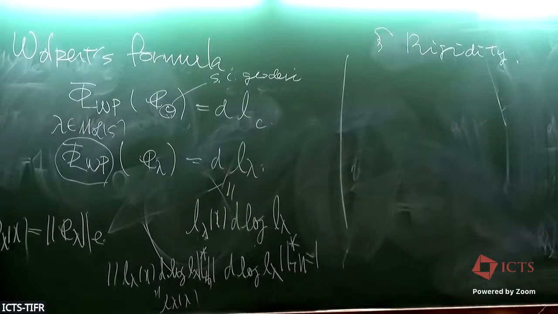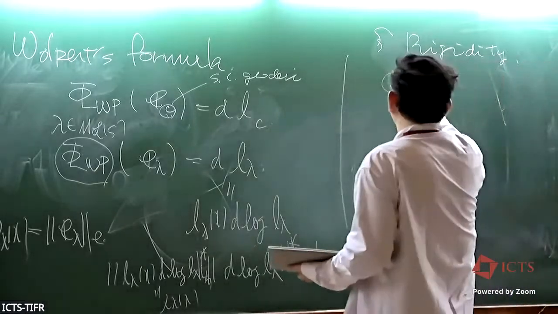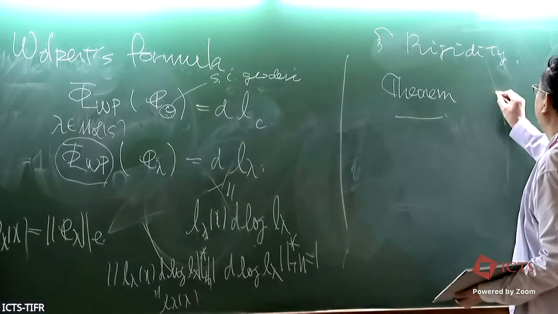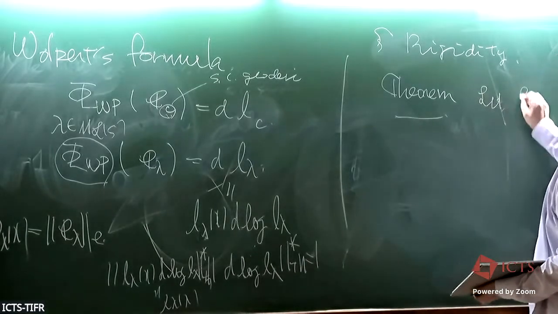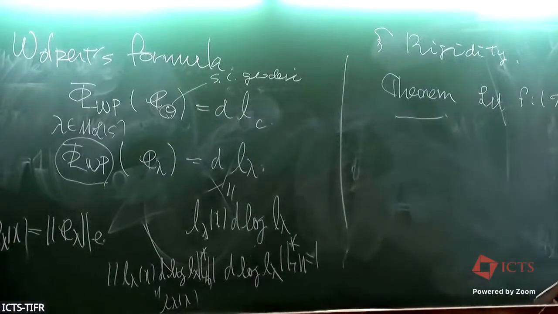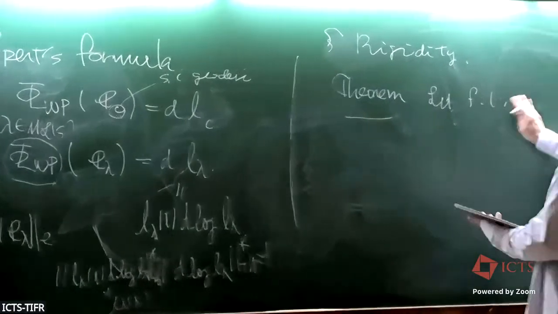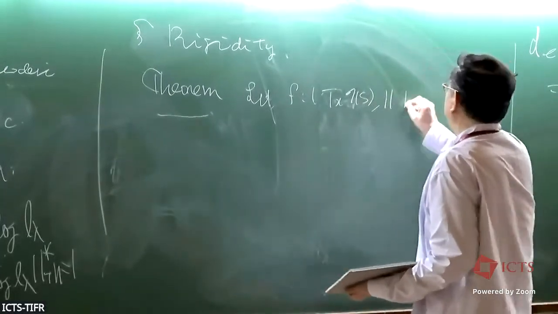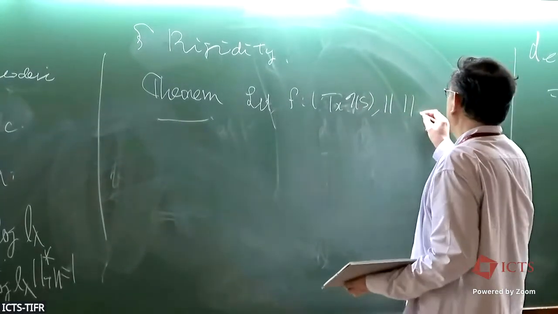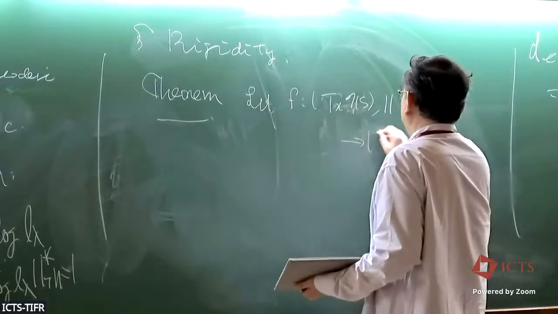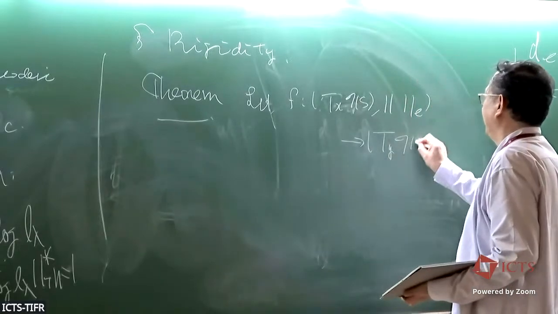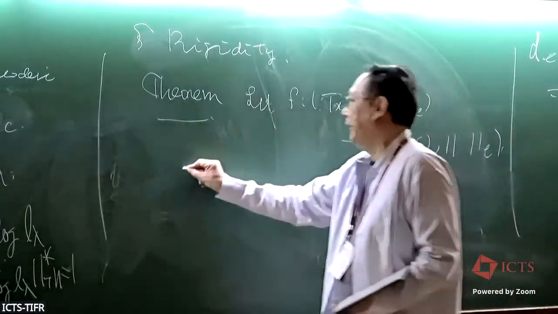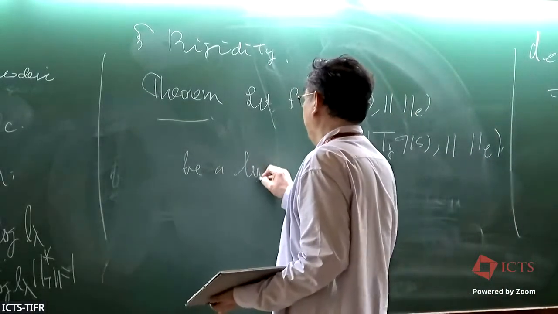So let me state the theorem. This is the infinitesimal version. We consider a map from a tangent space to another tangent space with the same norm, the earthquake norm, and let F be a linear isometry.